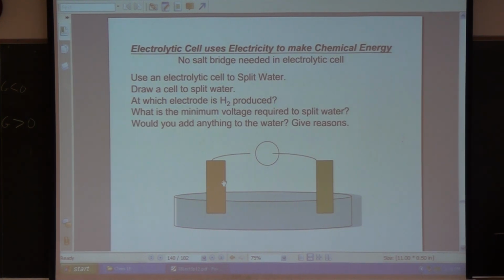What would you want to use for your electrode material? Would you want to use a metal which is easily oxidized? Because if the metal is easily oxidized, then the metal ion is going to be in the solution, and that can be reduced at the other electrode. So do you want that to happen?